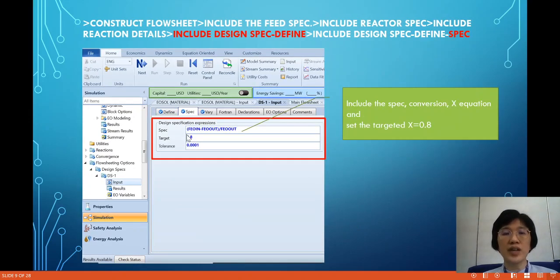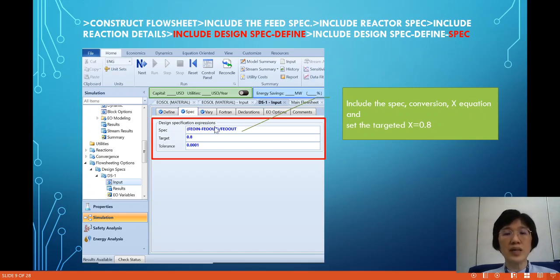Okay, we define these two, and we have to shift it to specification to include our targeted conversion. As you know, conversion is defined as the inlet flow rate of ethylene oxide minus the outlet flow rate of ethylene oxide divided by the inlet flow rate of the ethylene oxide.